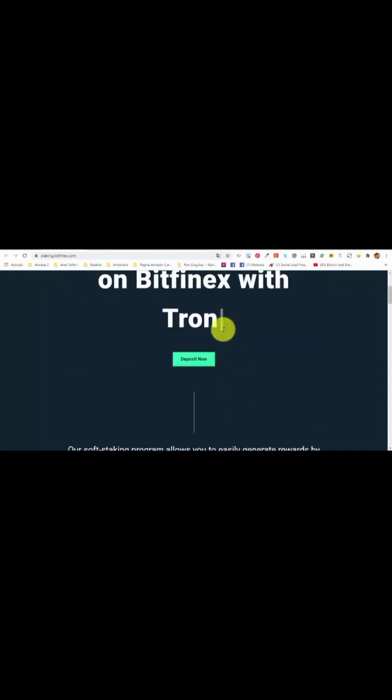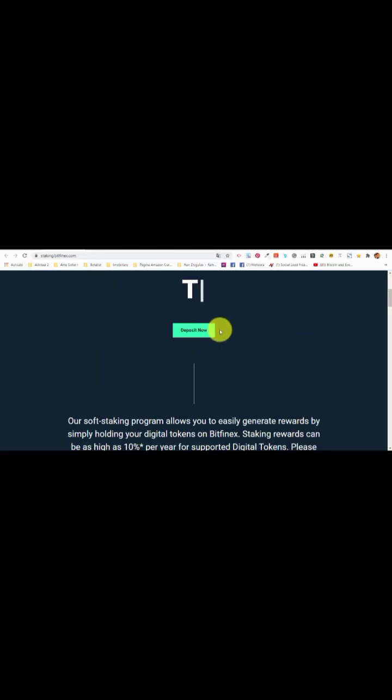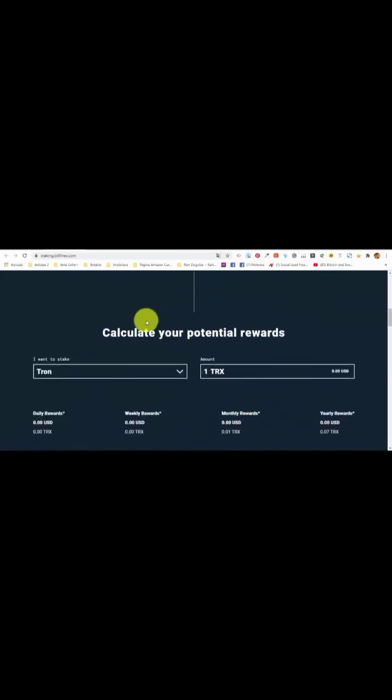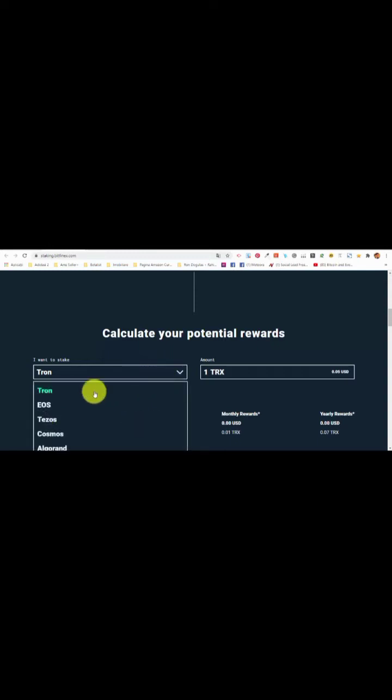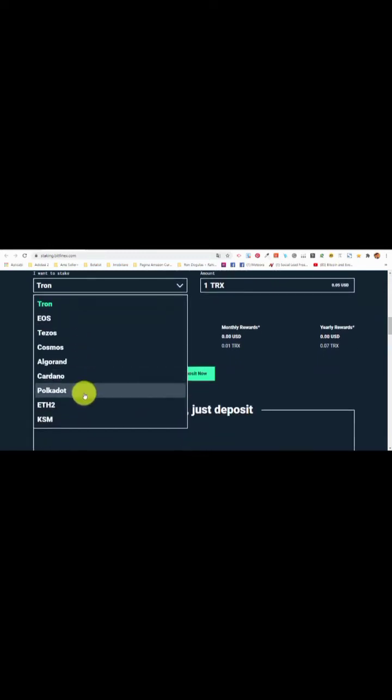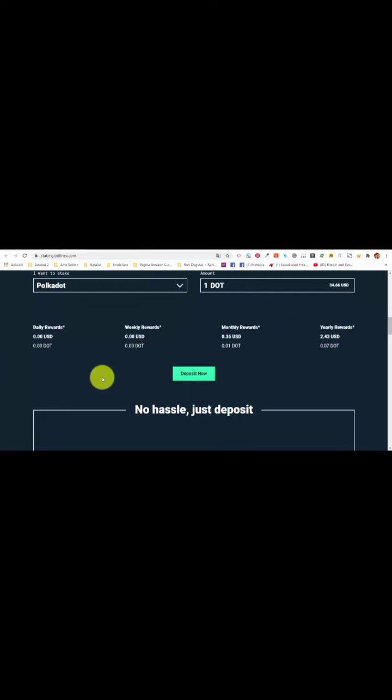Okay, and if you scroll down, you can see that you can deposit for staking, and you can calculate your potential rewards for different types of cryptocurrencies. For example, let's say we want Polkadot, which is a very popular cryptocurrency at the moment.